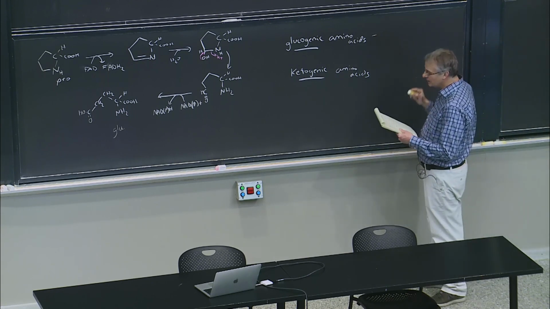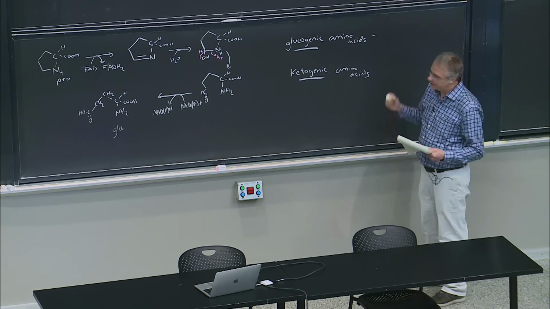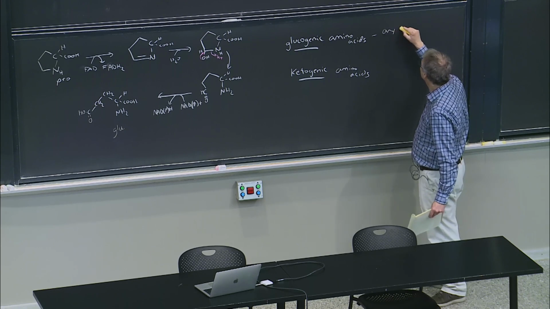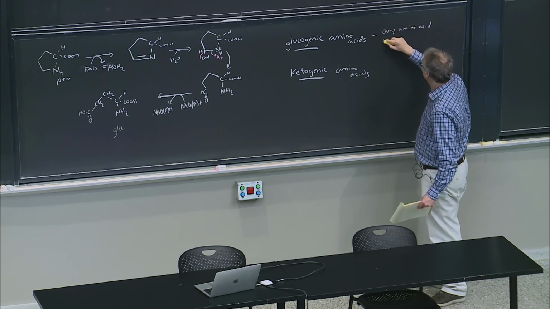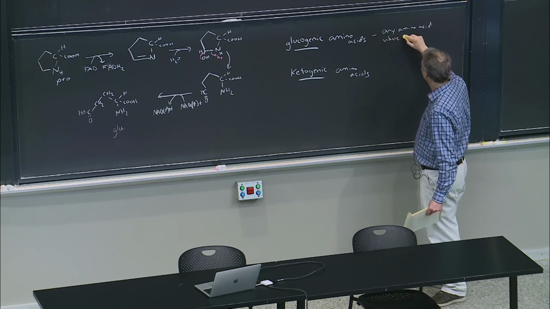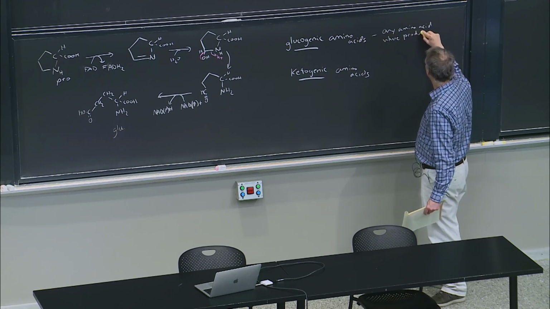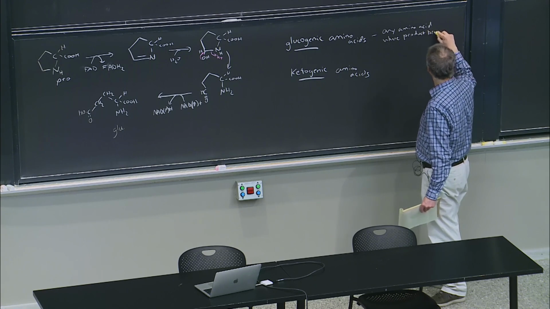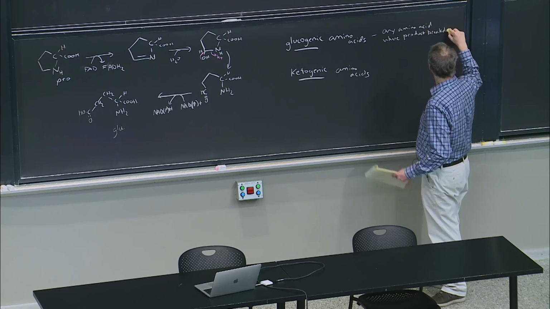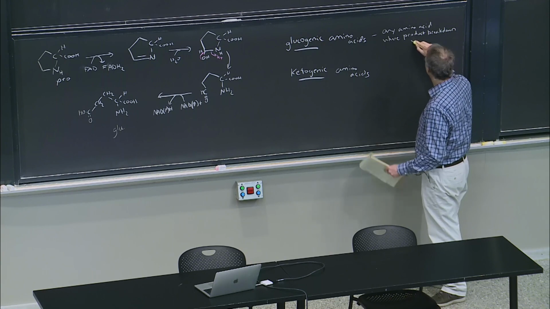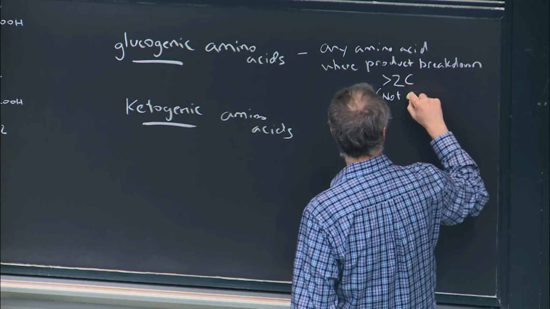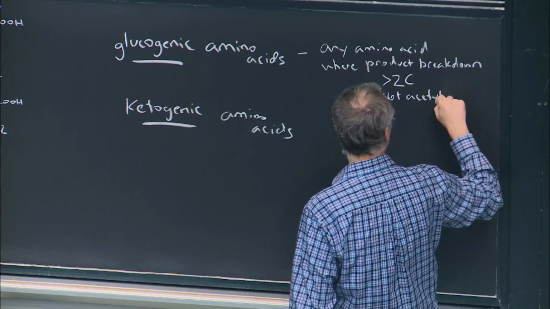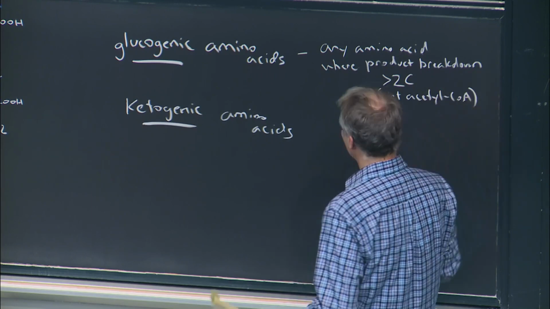And so a glucogenic amino acid is really any amino acid where the product of breakdown is greater than 2 carbons, that is, not acetyl-CoA. All right?